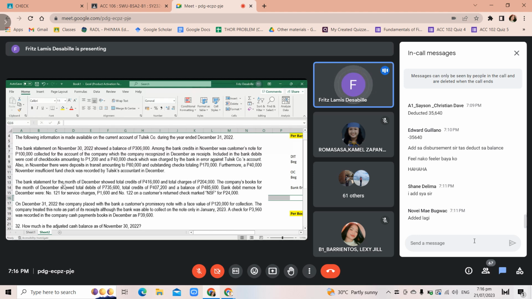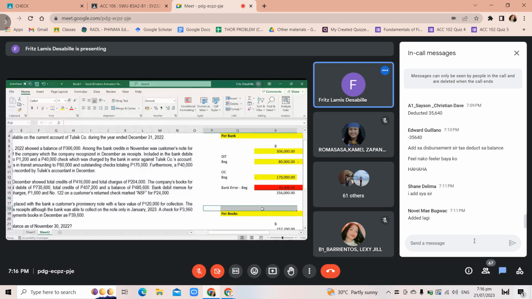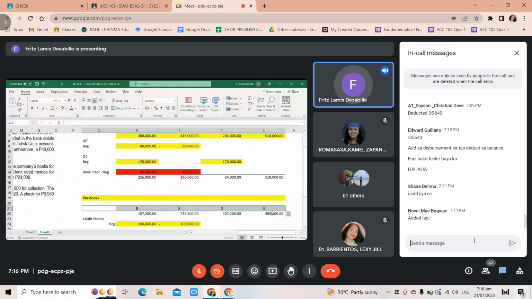The bank statement for the month of December showed total credits. The company's books for the month of December showed total debits and total credits in a balance of 485,600. Okay, so 485,600 debits, credits. Okay, 152.